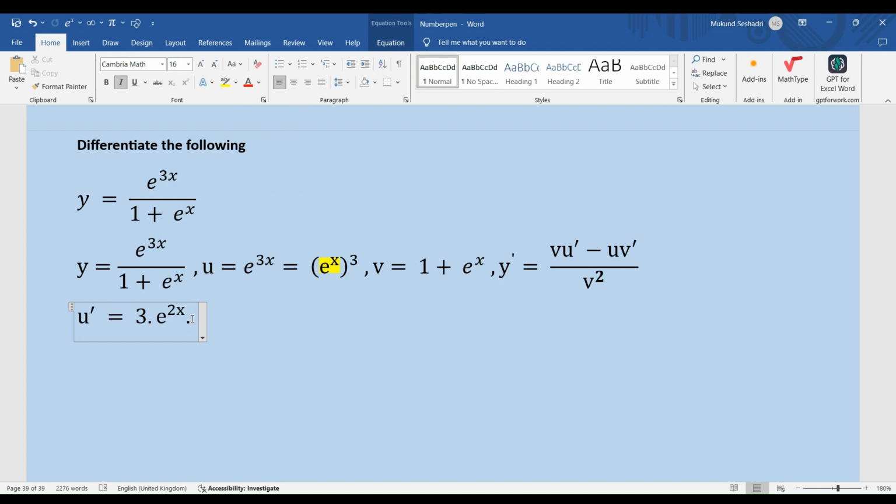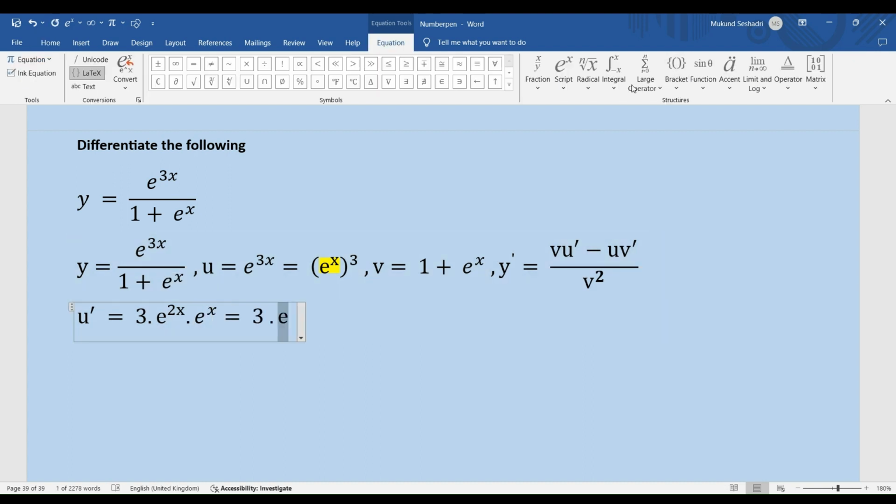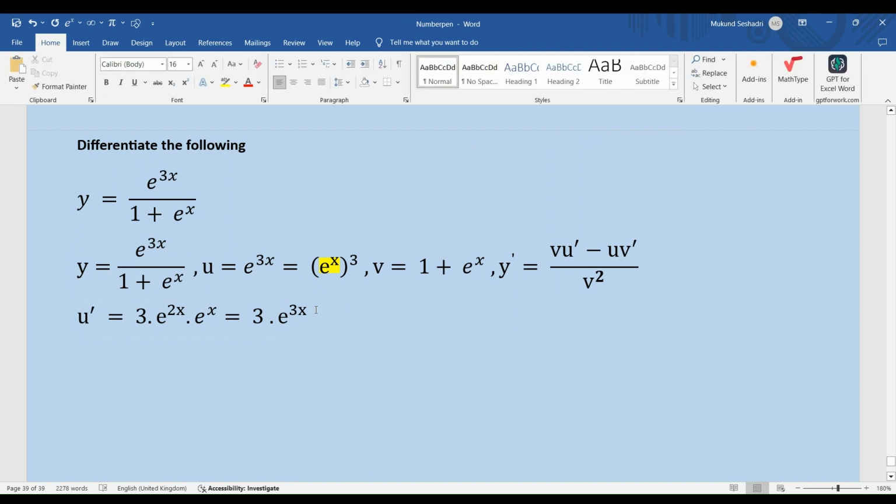So I first differentiate the cube function with respect to the inner function, and then I differentiate the inner function, but this time it is with respect to x, right? And what is it? It is nothing but e to the power x itself. We know this from first principles. So I have this answer for u dash, which is nothing but 3 times e to the power 3x, right? So that is my u dash.